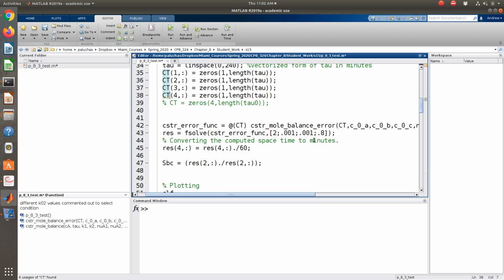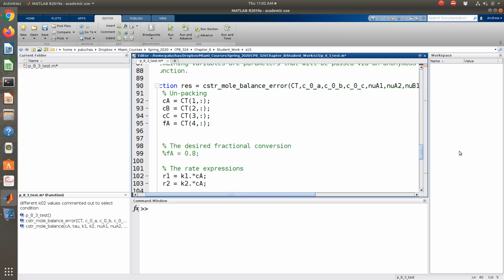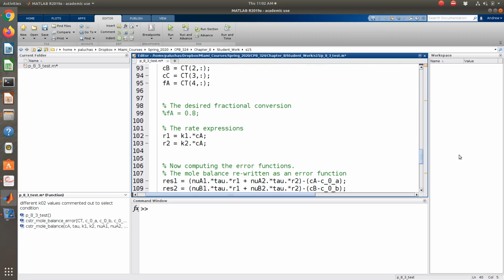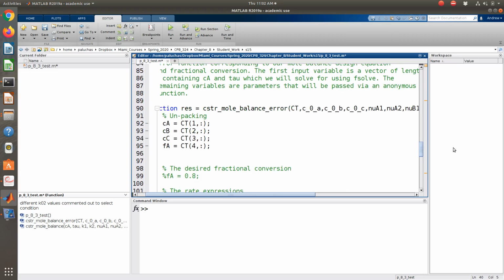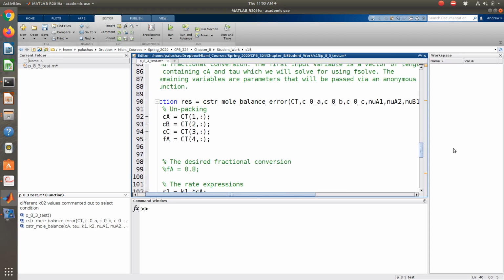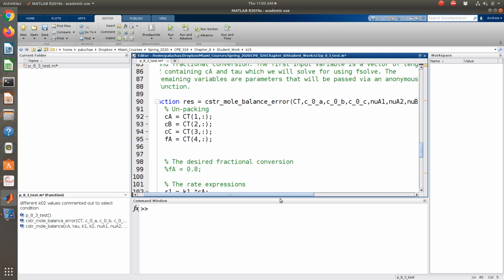And then you're attempting to solve, it would seem to me that you're trying to vectorize fsolve, and that's not quite right. And not only that, you have 4 unknowns you're trying to solve for.